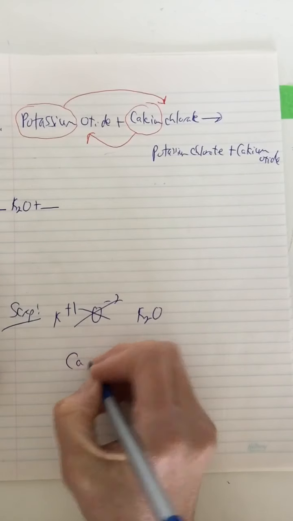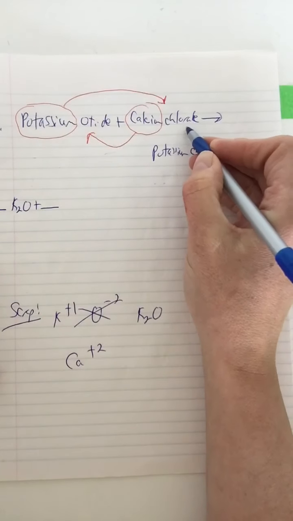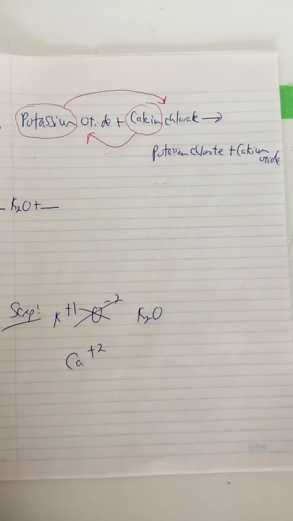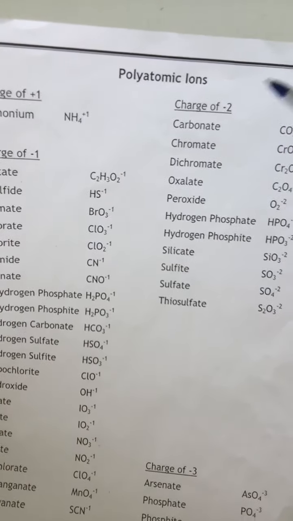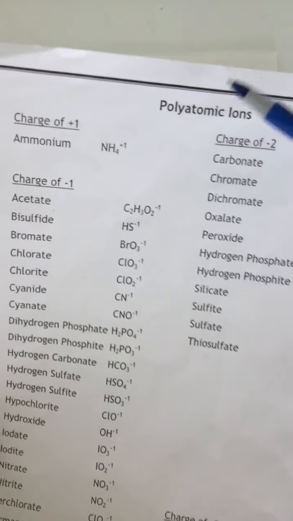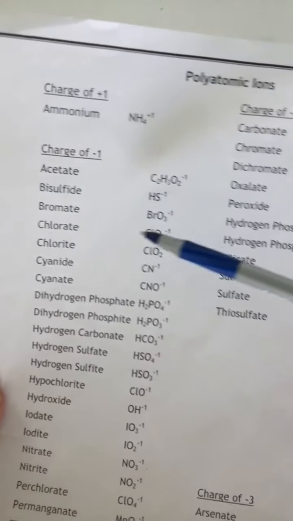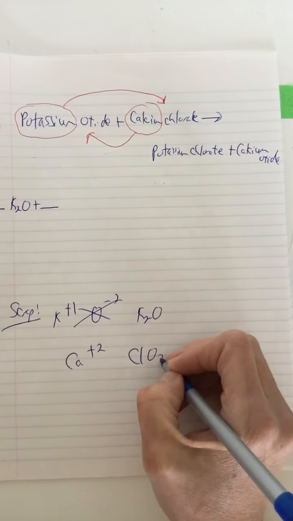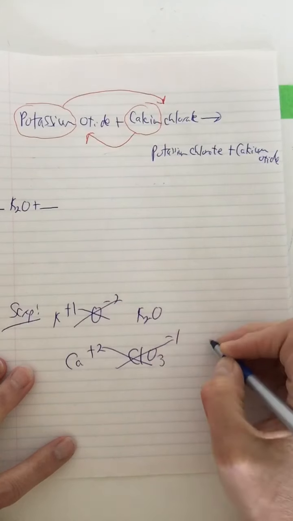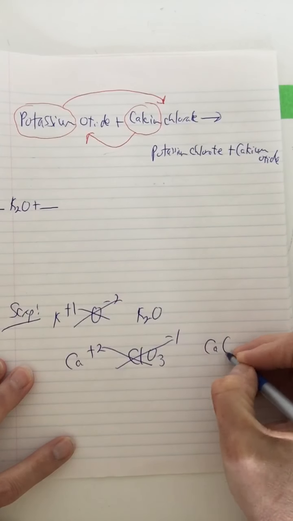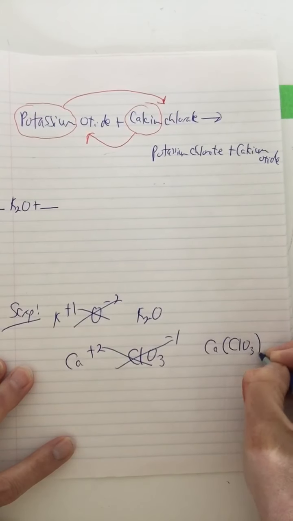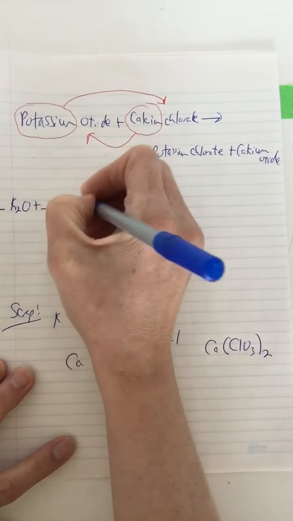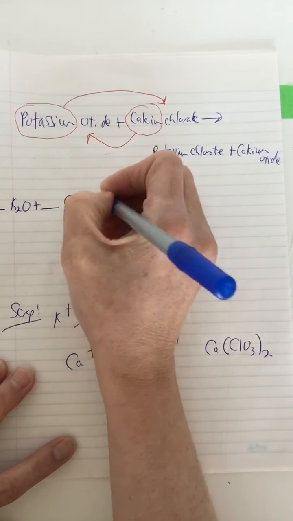Well, calcium, Ca is a +2. Chlorate, you need to look that up on your polyatomic sheet. You can see chlorate right here, ClO3 minus 1. You crisscross, what do you get? Calcium chlorate, Ca, open the bracket, ClO3, close the bracket, 2.